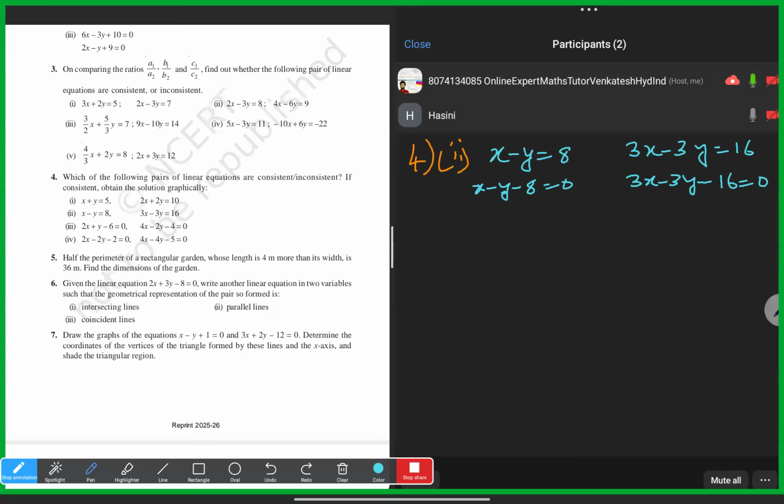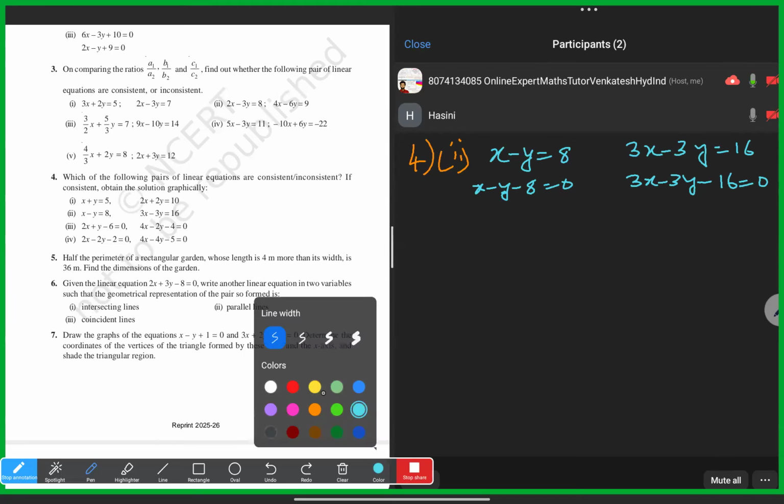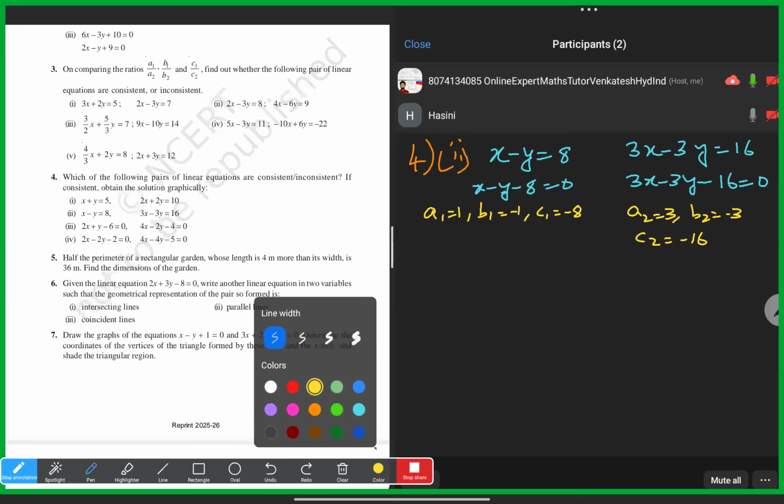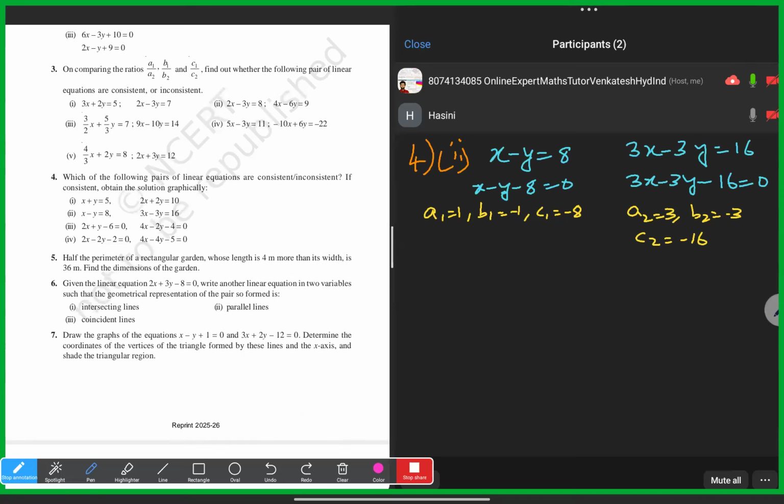Now I'm writing the a1, b1, c1 values. a2 is 3, b2 is minus 3, c2 is minus 16. First I wrote the equations in ax plus by plus c form, and then I'm checking the ratios a1 by a2, b1 by b2.